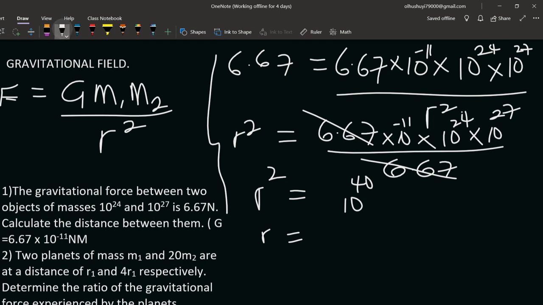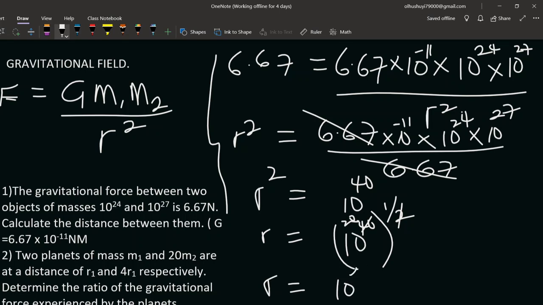I can say 10 raised to the power 40, everything all raised to the power half, that's the square root, so this cancels and this becomes 20. So my r is 10 raised to the power 20 meters.